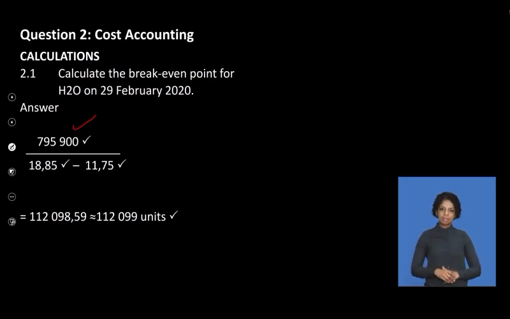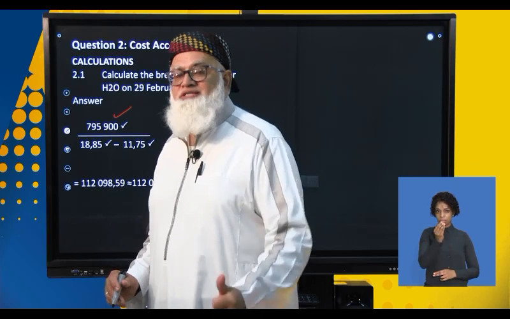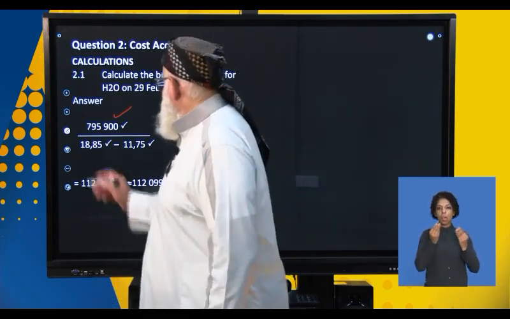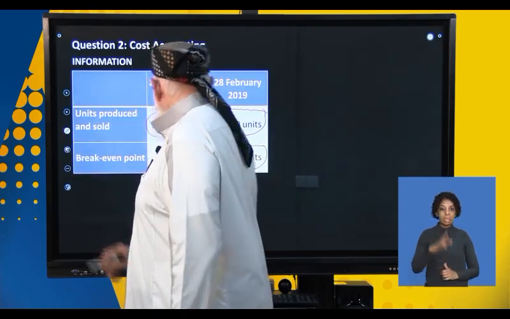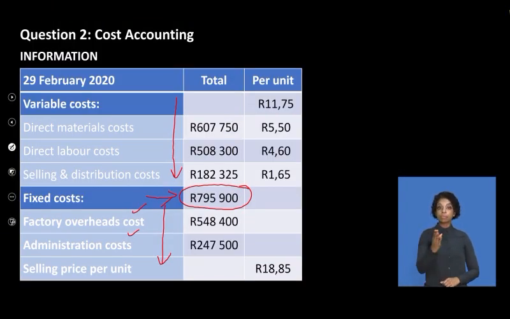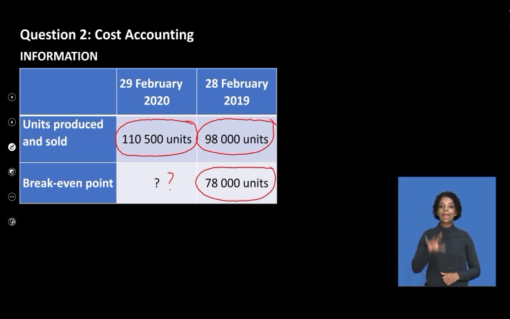Now, what is my contribution per unit? It is my selling price per unit minus my variable cost per unit. Let's see if we can identify that. Here we have the selling price per unit, which is 18 Rand and 85 cents. That's given to me. Take that and use it.